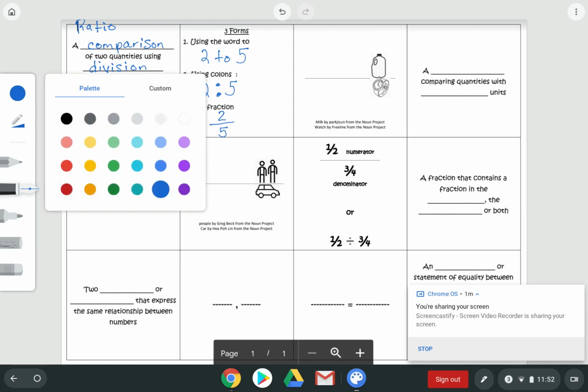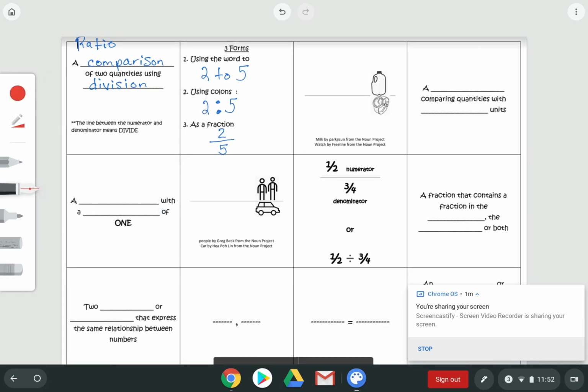The next vocabulary word we want to talk about is a rate. So a rate is just a ratio comparing quantities with different units.